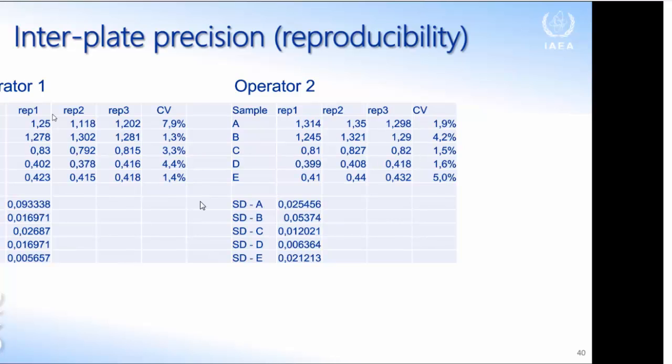But when comparing the obtained results for the same sample from operator 1 and operator 2, and then adding the results from multiple tests, at least 3 different days testing the same sample panel, and we combine all the results for the same sample, we will calculate the standard deviation and the coefficient of variation. We will then get our values to be able to assess our reproducibility or interplate precision.